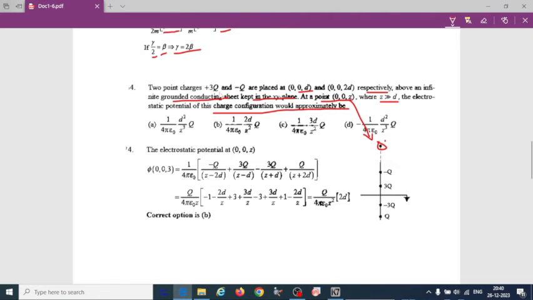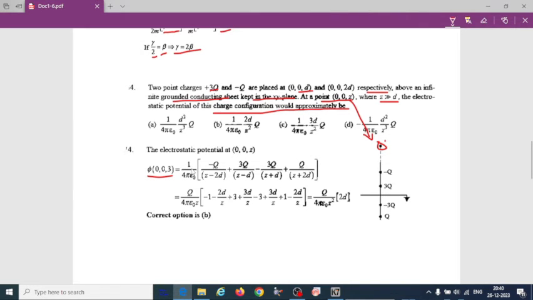So here 2 point charges we have. 0, 0 comma z means what? 3 we have to write here. So if we take 2d here, that is minus q. So here 3 minus 1 will become.